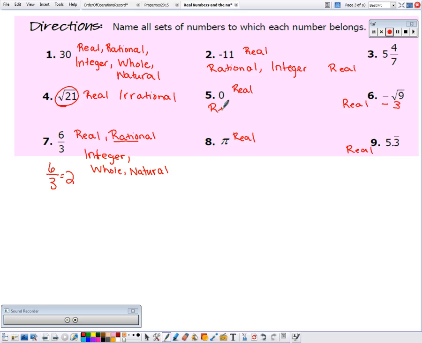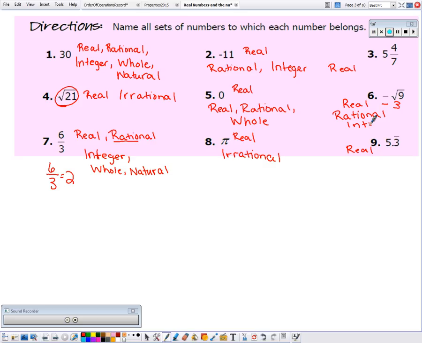0 is real, rational, and it is whole, but not a natural number. Pi. We talked about pi already. Pi is irrational. -3 is real, rational, and integer.